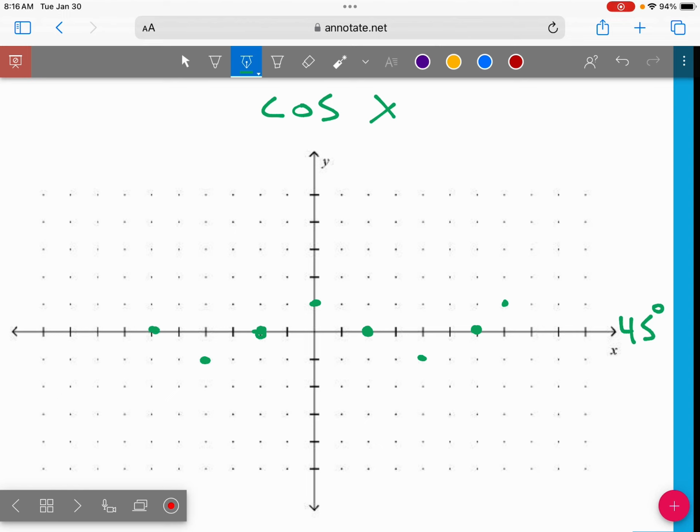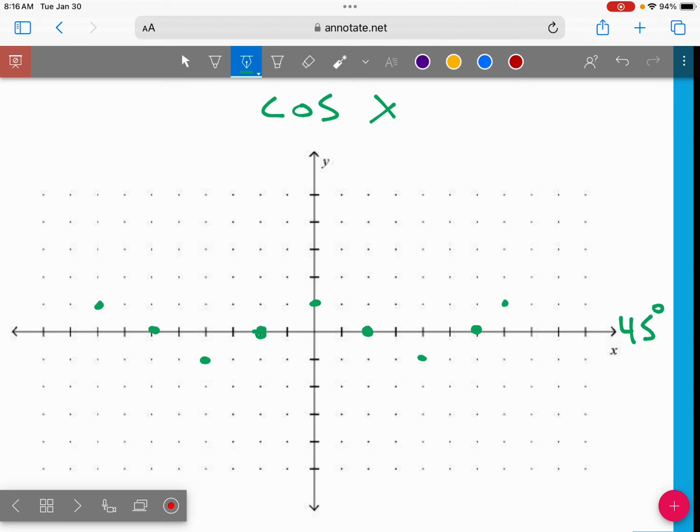And then just following the pattern, it's going to be 0, and it's going to be 1. So those are all the main points of 2 periods of cosine. Make sure you have those points plotted down. Please don't connect them, because remember we're graphing secant here. We're not actually graphing the cosine. We're just using the main points to help us out.